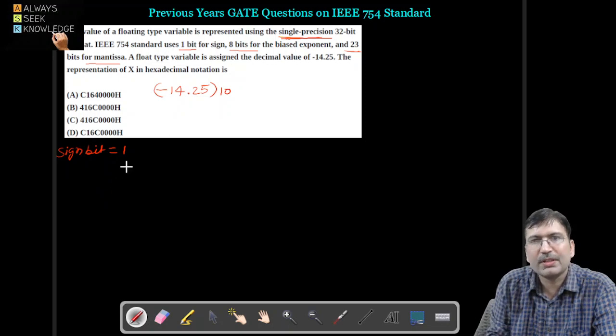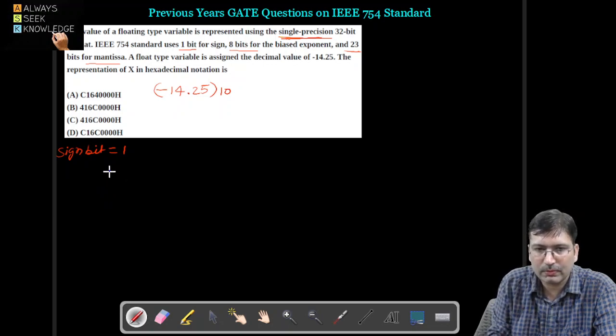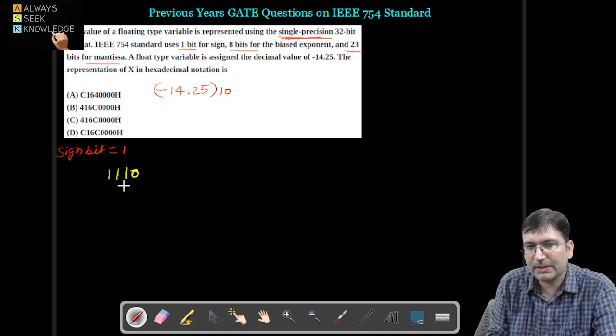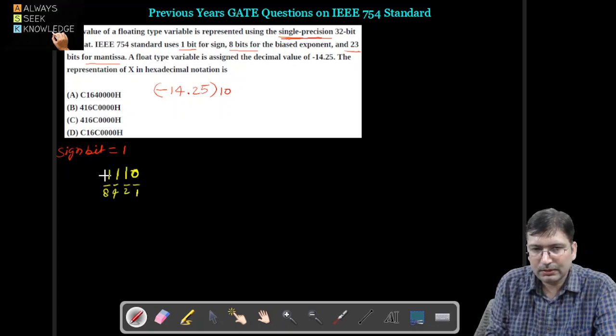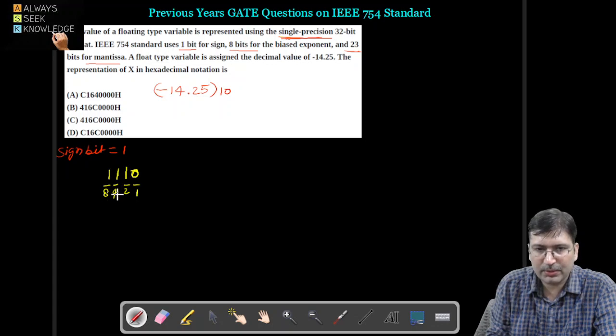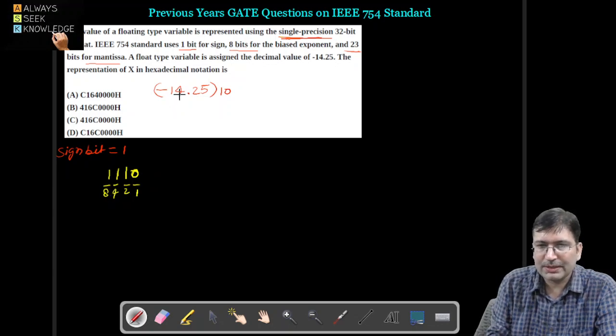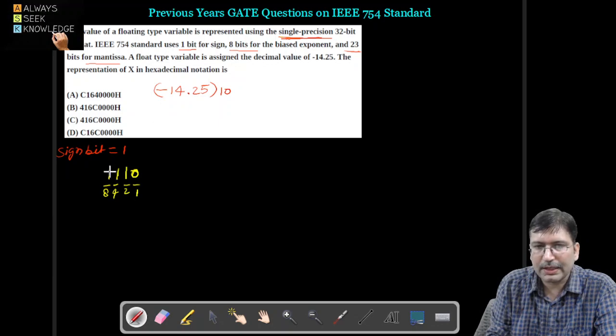In 4 bits we can represent a maximum value of 15. The place values are 1, 2, 4, and 8. So when we set 1, 1, 1, that means 8 plus 4 plus 2, and this place is 0, so 14 is represented as 1110.